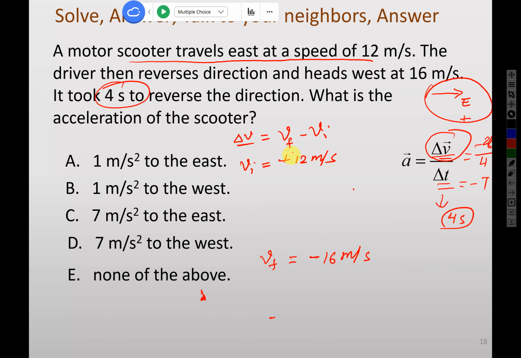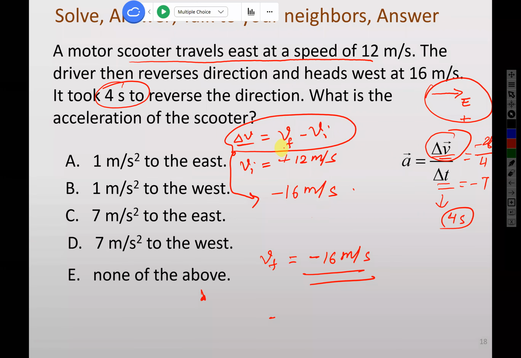So delta V, now I'm going here and using this equation. So what is vF? Negative 16 meters per second, isn't it? Right? vF. And then negative vI. What is vI? Positive. So positive times negative is negative. So the sign is not going to change.